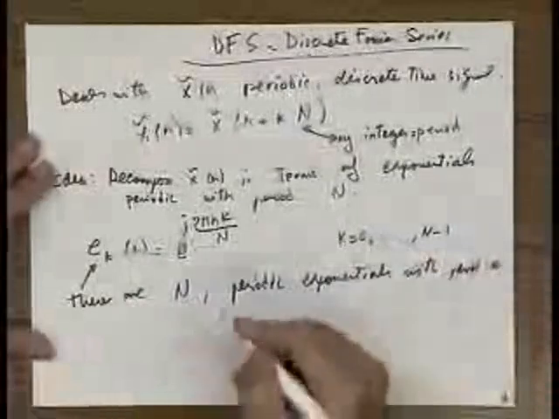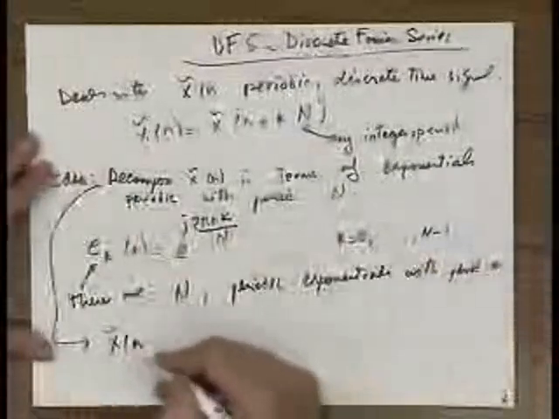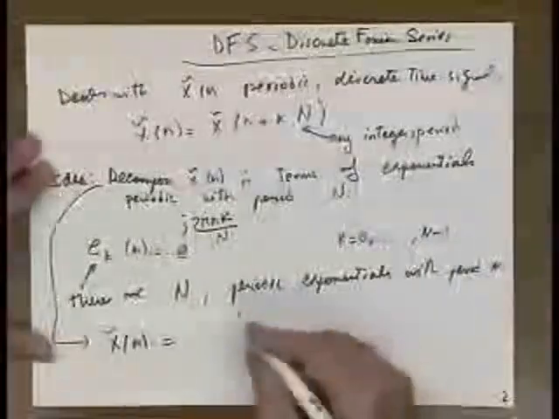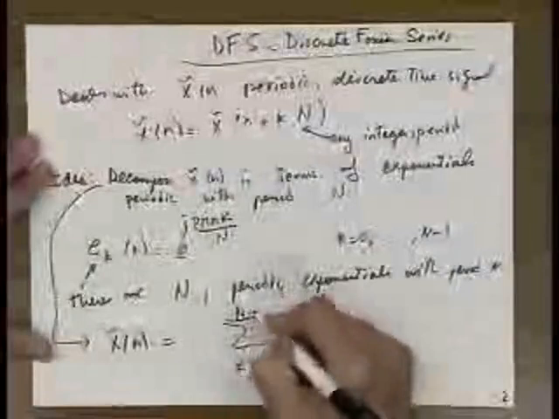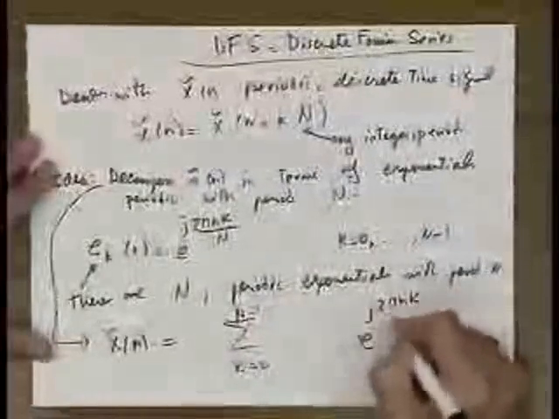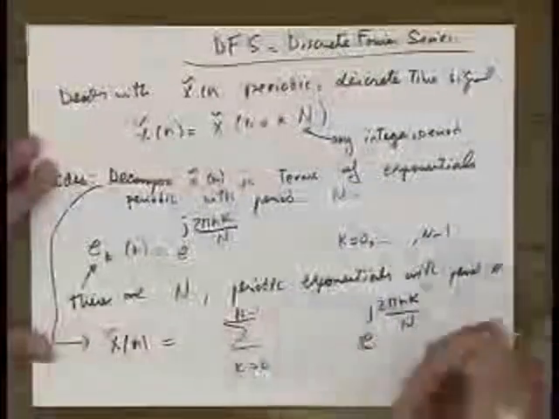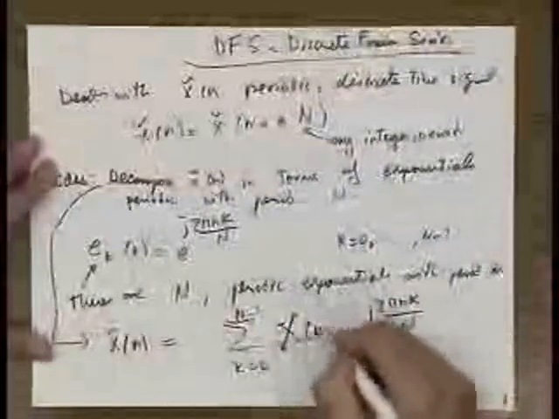And what I mean when I say decompose it is write down x of n as a linear combination, k from 0 to N minus 1, of these exponentials, e to the j 2 pi nk over N. And here is some function of k. It could be alpha of k, beta of k, but let me just call it X of k.